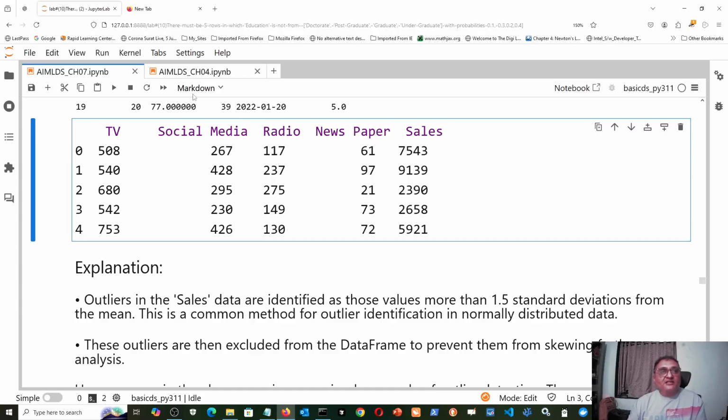Now, TV marketing budget, social media marketing budget, radio marketing budget, and newspaper marketing budget, and these are the corresponding sales. These 4 are called features, and sales is called the response variable. So the business owner will give you 48 rows for the last 48 months of this kind of data.